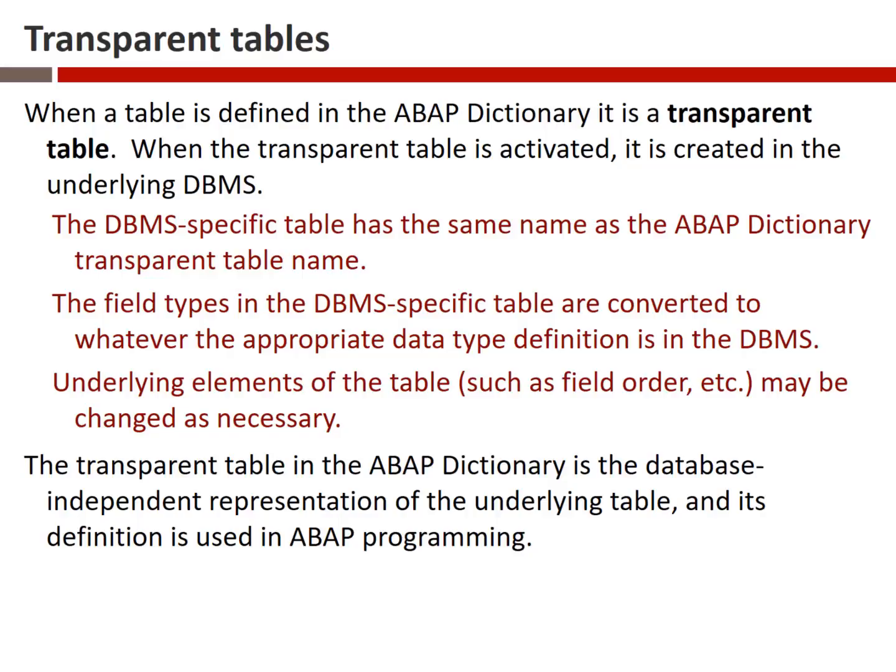Then the application server, as needed, will go out and deal with the database server, translating things as they need to be translated. It would be like we could talk to the application server in English, but the database server might be French, and so it has to translate that into French. So it takes our English, translates it into French, sends it to the database server, which responds in French, and it translates it back into English and then hands it back to our program.